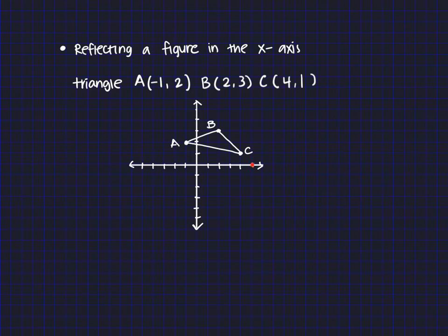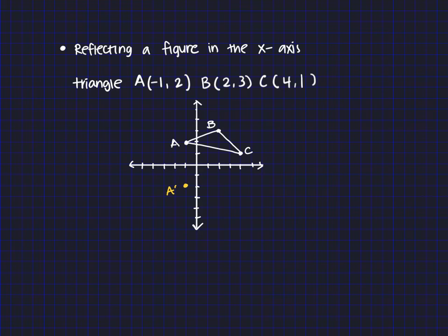This x-axis is going to be my line of reflection. A is 1, 2 units away from the axis. So I am going to draw a dot 2 units away from the x-axis for my A prime.